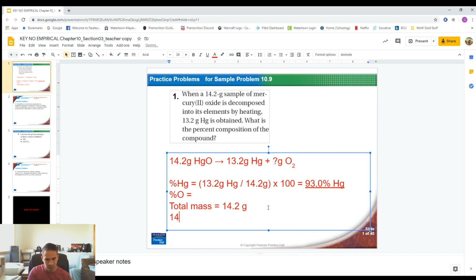So let's go 14.2 grams minus 13.2 grams. This gives us, of course, 1 gram of oxygen in our compound. So if we set this up, 1 gram of oxygen, divide by 14.2 grams of the whole compound, and then times it by 100. Hopefully we will get about 7%.